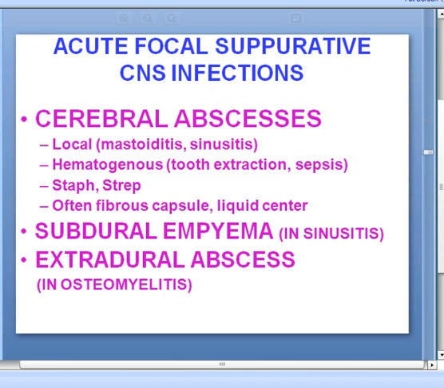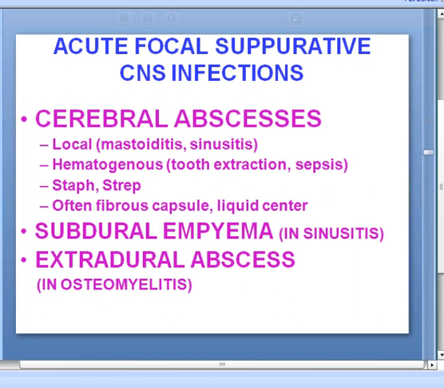Well, what can happen with these various things? Well, you can have cerebral abscesses. Think about it. Any inflammatory process involving the brain, if it becomes severe enough and localized, you can have an abscess. And you can have abscesses because of a severe mastoiditis, with the mastoid sinuses being in close proximity to the brain, or other types of sinusitis.